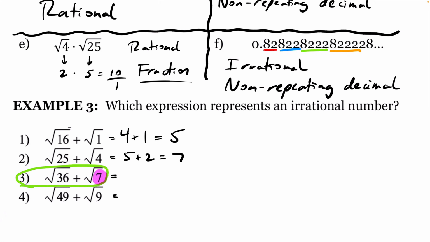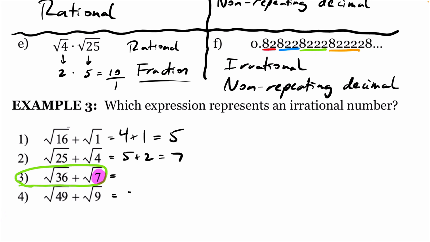And then 7 times 7 is 49, and 3 times 3 is 9. So 7 plus 3 is 10. This guy is 6 plus the square root of 7. The square root of 7 is a non-repeating decimal. If it's one of these numbers, square root, you're okay. But any other number, that's the dead giveaway. All of those will always be irrational. Okay?